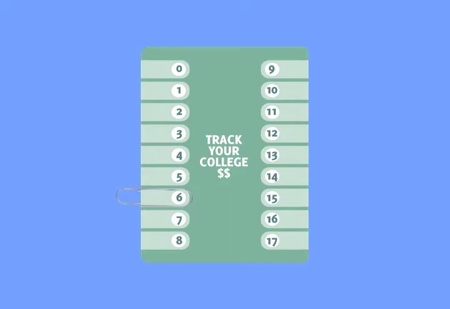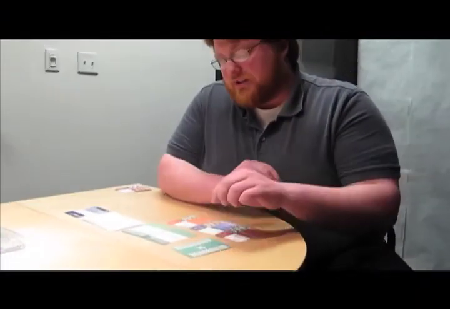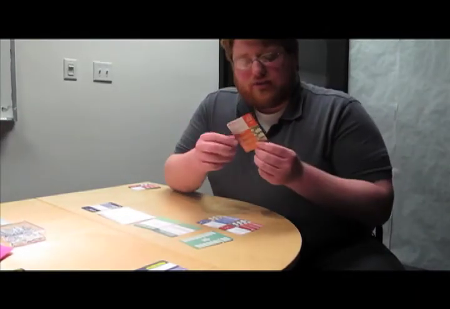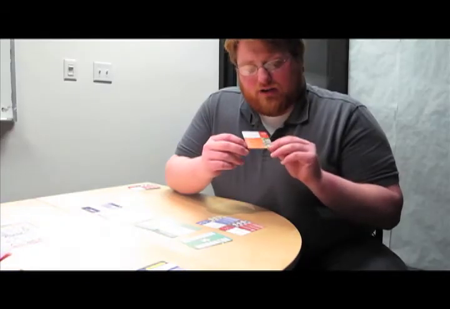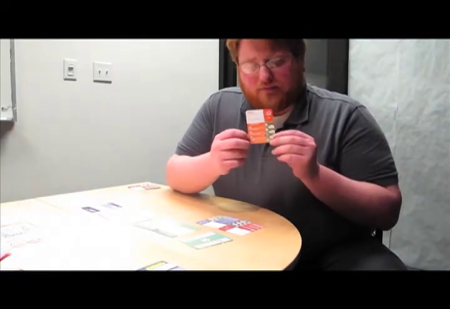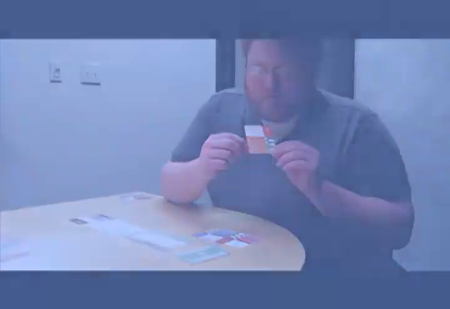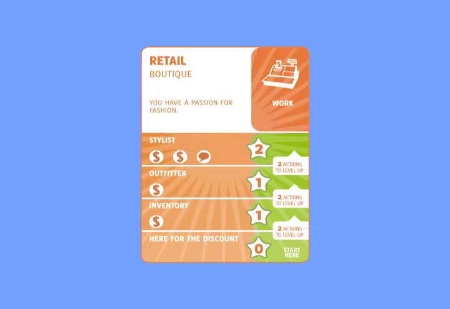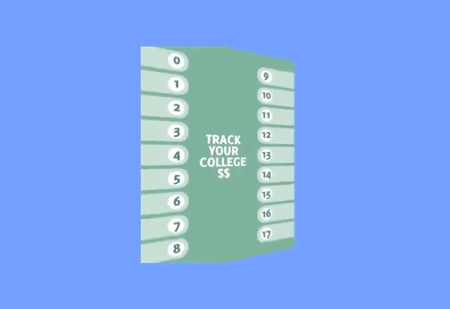So the other way to get money for college is through working, and there's a whole deck of work cards that have money symbols on them. So the money symbols work a little bit differently than the other symbols. Whenever you level up this card, and the level that you're going to has a money symbol on it, you immediately add that to your college account.